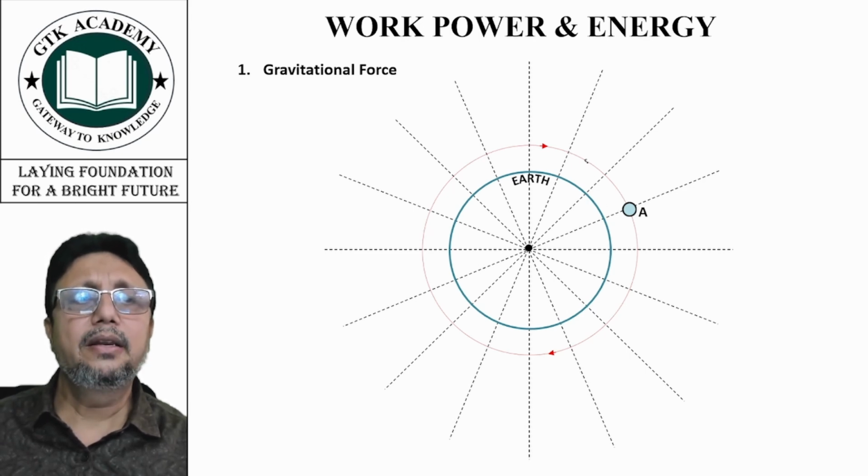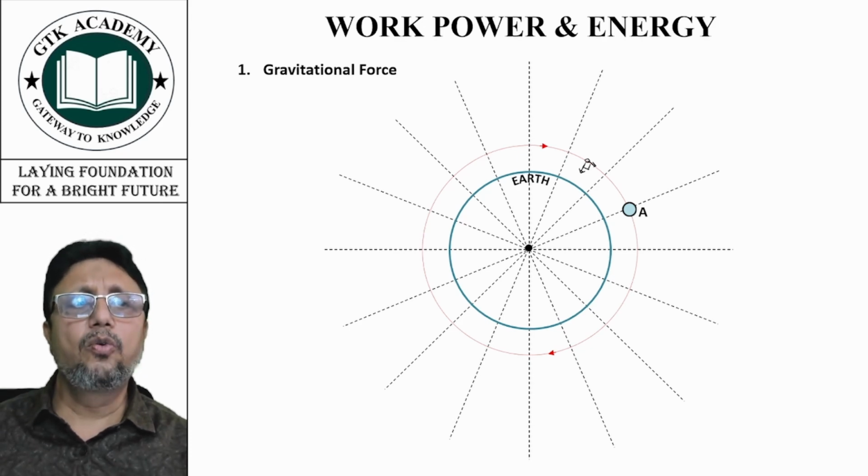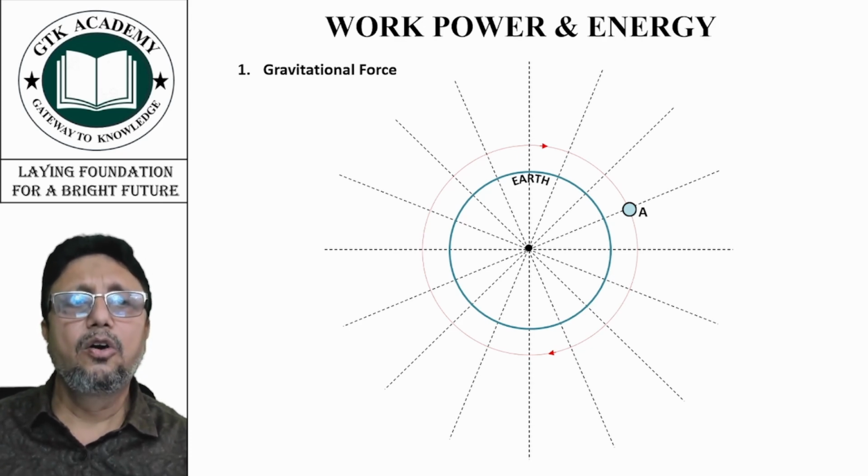At every point, you have the force in this direction, and the direction of displacement is this, which is perpendicular. This angle is 90 degrees. So there is no work done if you take it in a full circle, but if you take it from A to B, what will be the work done?